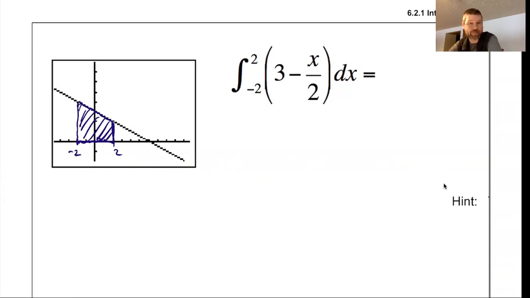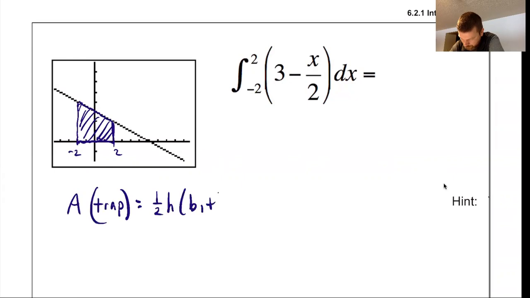One way you could find it is by using the fact that that is a trapezoid. And you could use the area formula of a trapezoid. Area of a trapezoid is 1/2 times the height times base 1 plus base 2. Definitely works just fine. If you didn't want to use a trapezoid, you could use a couple of triangles.